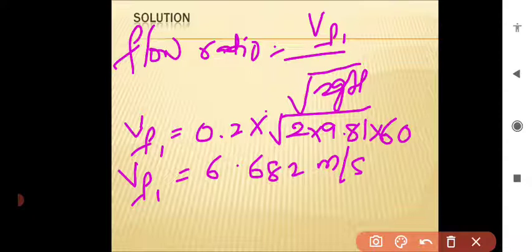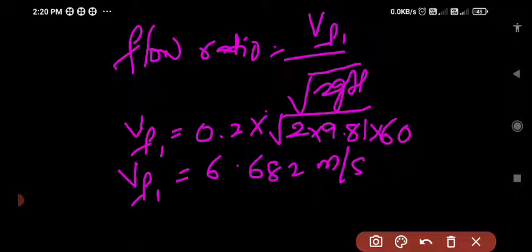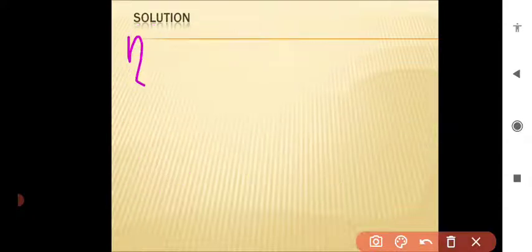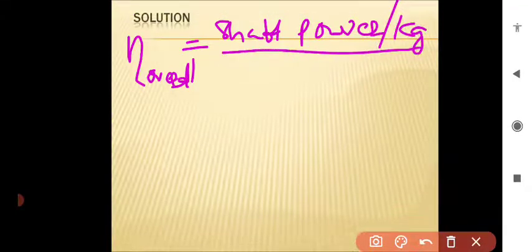Now next we have to calculate the overall efficiency. From the overall efficiency, which is equal to shaft power per kg by mgh, from this we will get the m value.